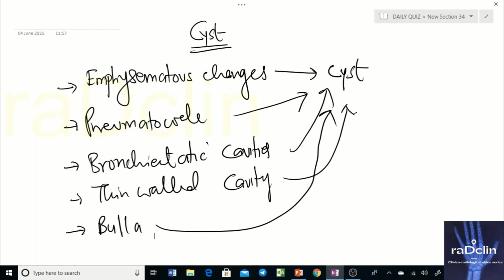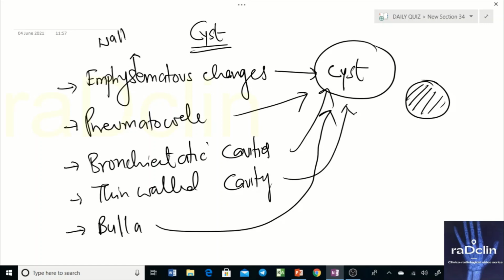Okay, now the important point is that all these are presenting like a cystic lesion, because the definition of a cystic lesion is that something that is circumscribed, that is air containing, and that has a thin wall. That is what the cyst is. Now if you have a thin wall and you have a circumscribed lesion, even emphysematous changes, they are described typically to be having no wall. Okay, they do not have wall.